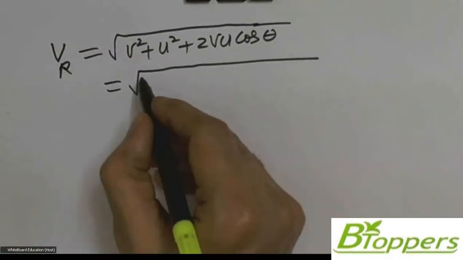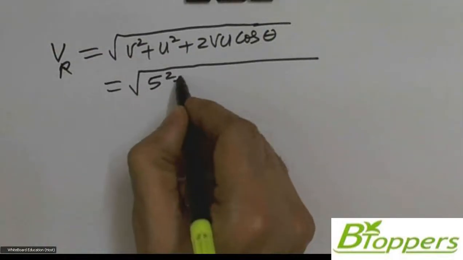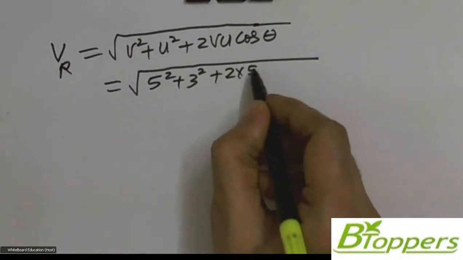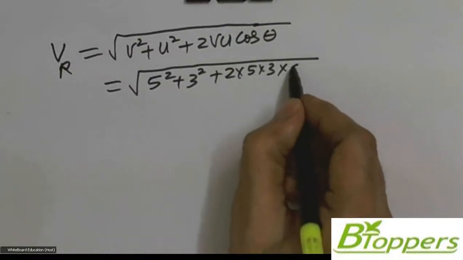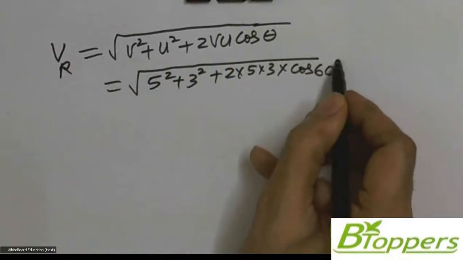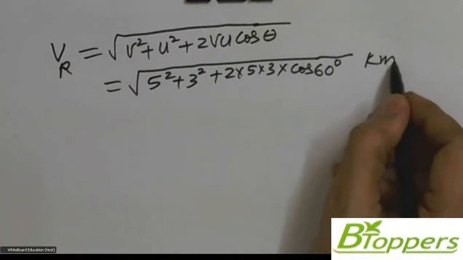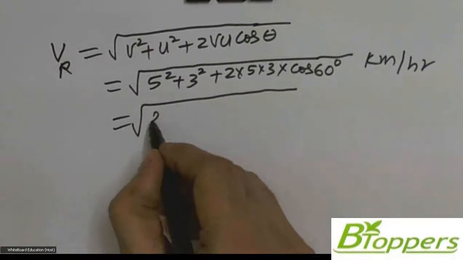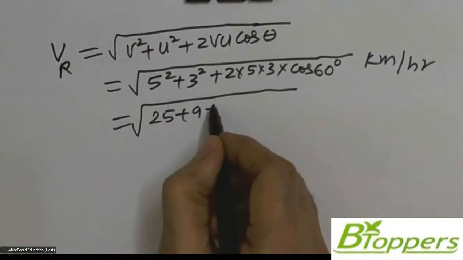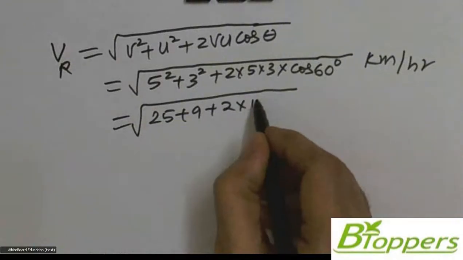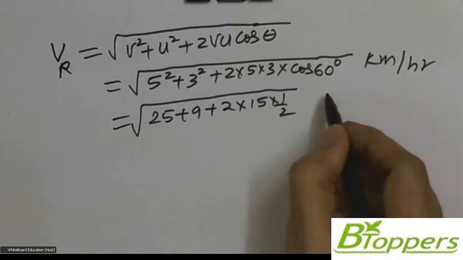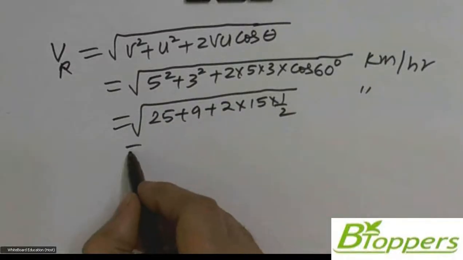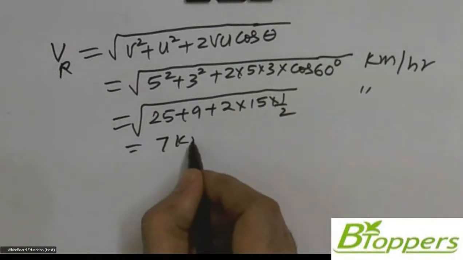Here v equal to 5 km per hour, u equal to 3 km per hour, theta is 60 degrees. And cos 60 degrees equal to 1 by 2. So this is 25 plus 9 plus 2 into 15 into cos 60 degrees, 1 by 2. So that comes out to be root 49 or 7 km per hour.